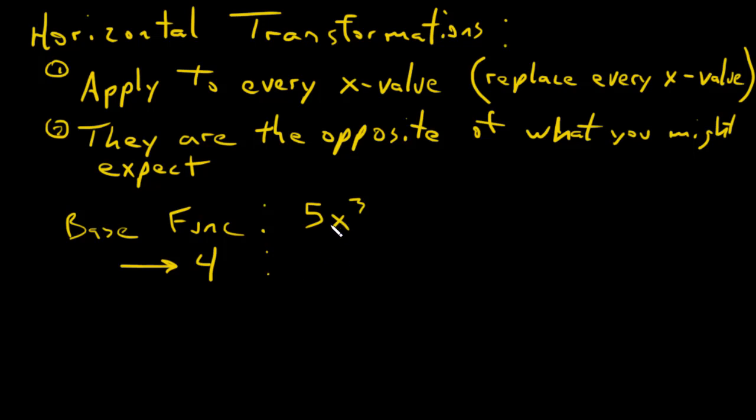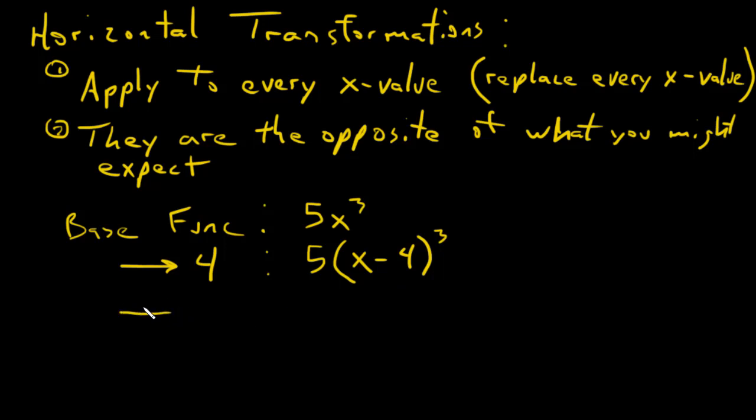I'm going to replace every x with, if I want to shift it right towards the positive side, I subtract the shift, x minus 4 cubed. That is the opposite of what I would expect. If I'm sending it to the right, to the more positive values, you would think that you would add 4 here, but you don't. You subtract 4. All horizontal transformations are going to be the opposite of what you might think.